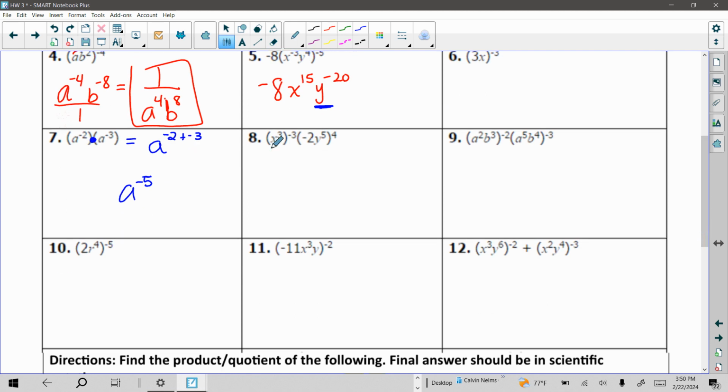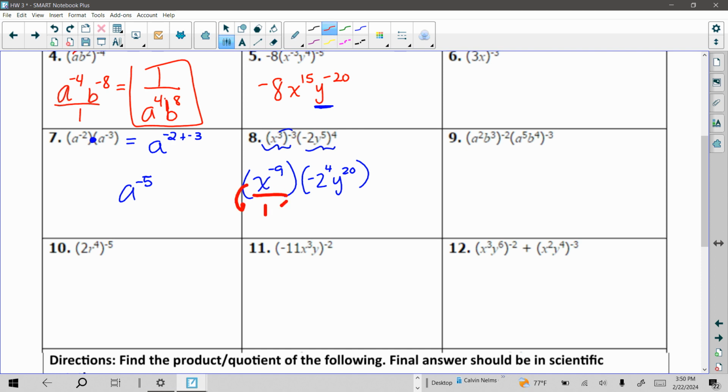So we're going to do the power rules first. So this is x to the negative 9, and then this would be times the negative 2 to the 4th and y to the 20th. And now we're changing our negative exponent to a positive. So this is what we need to flip.